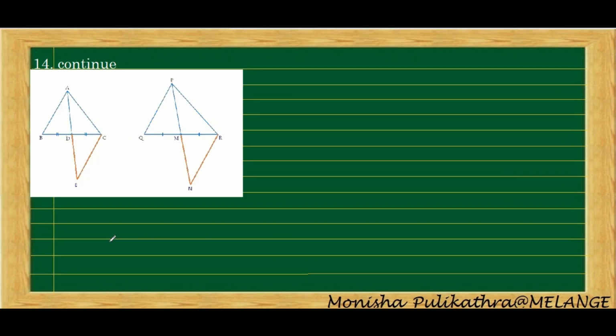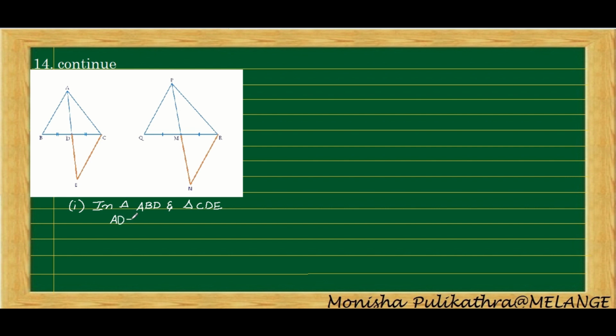After construction, we need to take these two opposite triangles. So in the first case, in triangle ABD and triangle CDE, we need to compare these two triangles. We already know that AD is equal to DE as per construction, right?